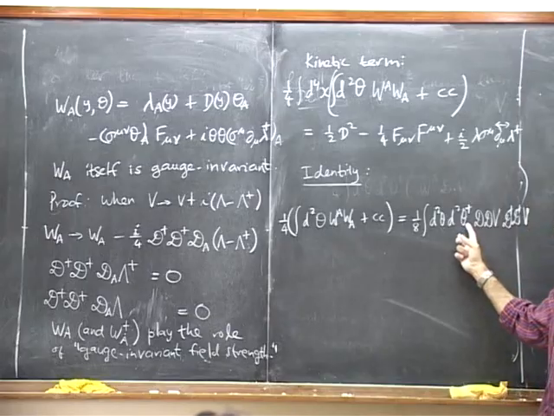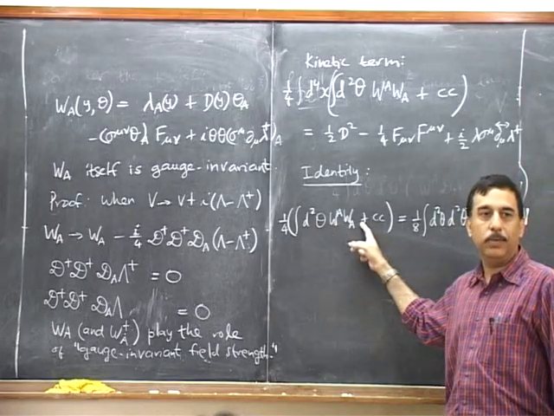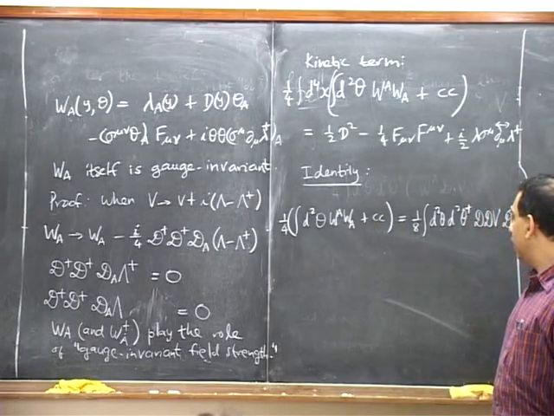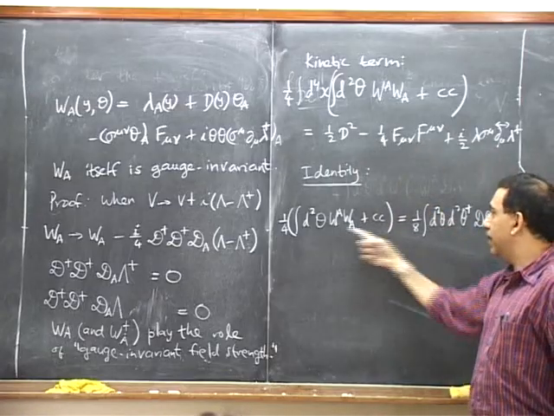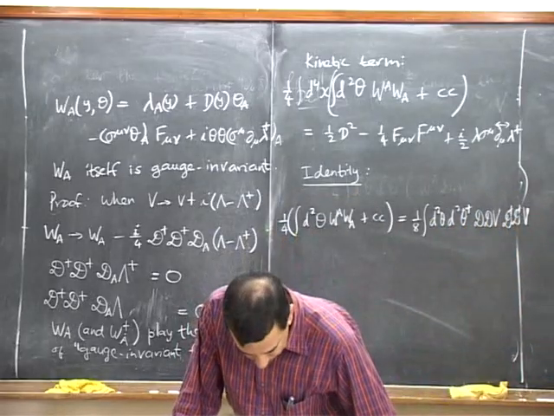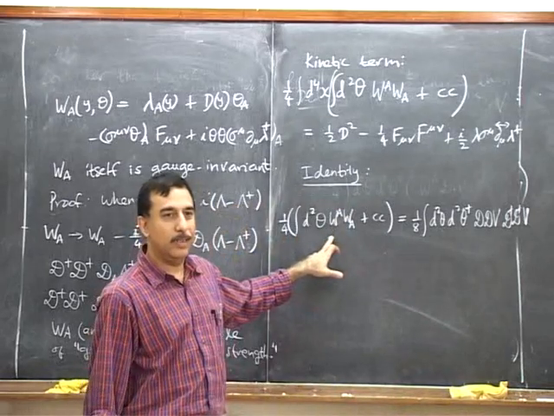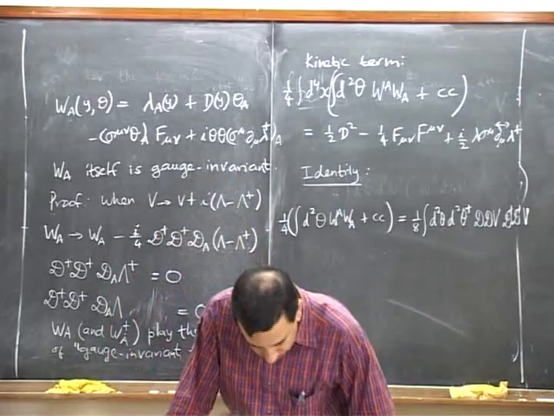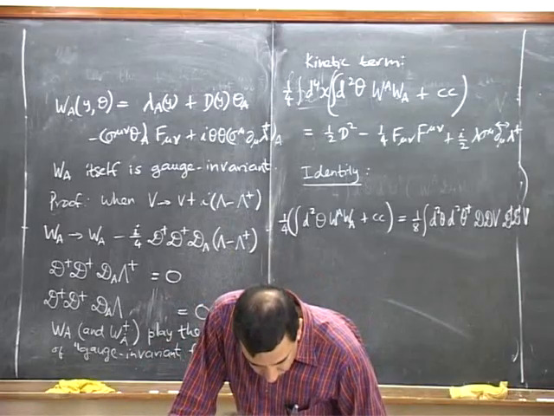Therefore, this is a d^4 theta integral. But the field strength associated with it is a chiral superfield. Therefore, this is a d^2 theta integral plus its complex conjugate. So, in this case, we see that the gauge kinetic term and its super partners can be written either as an F term or as a D term, whichever we prefer. Each has its own advantages. But generally, this is more common. F terms are always easier because there are fewer theta integrals to do. Okay? Very good.